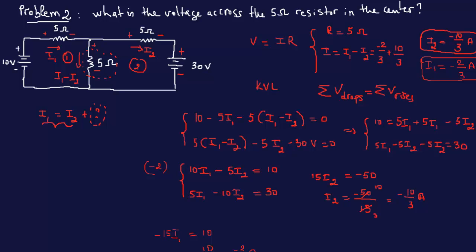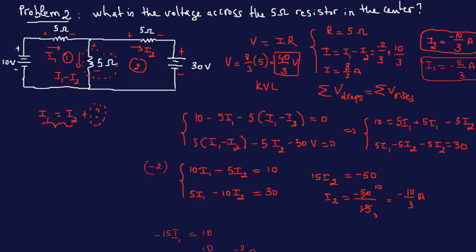Because minus minus. So this is equal to 8/3. So I is equal to 8/3 amp. Okay, so now we know what I is and we know the resistance, so we can calculate our voltage, which would be V is equal to 8/3, we know I, times 5. So that's 40/3 volts. That's it.